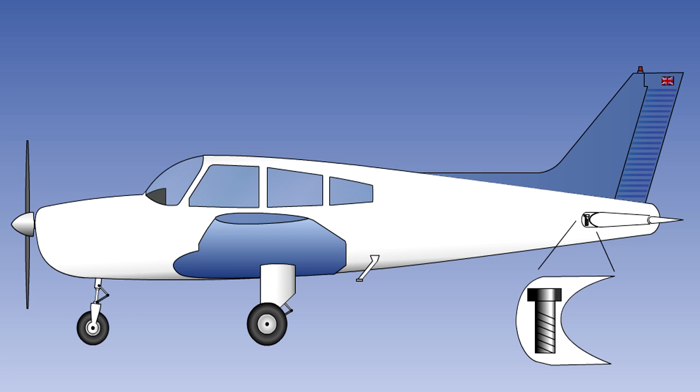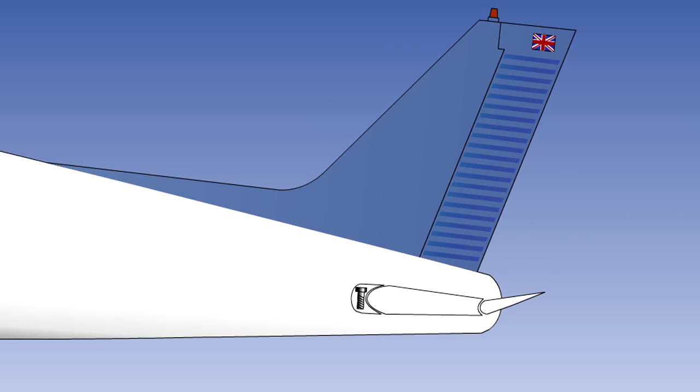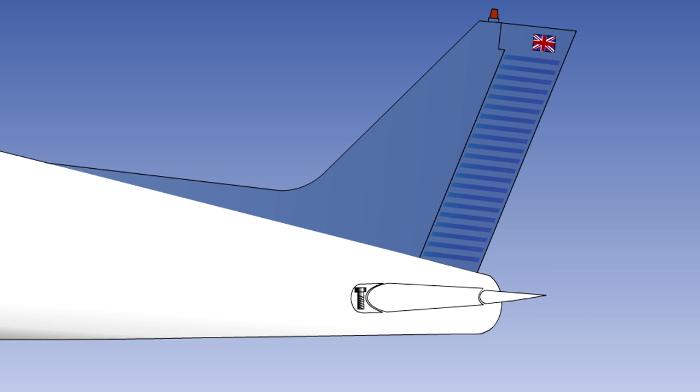An example of the operation of a variable incidence trimming tailplane to achieve trim after a change of attitude is shown in this graphic. The elevator is deflected to change the pitch attitude. The angle of incidence of the tailplane is now altered by the pilot to achieve trim.